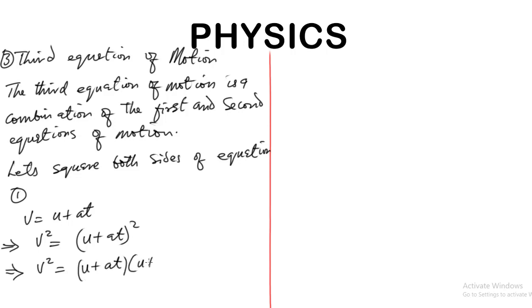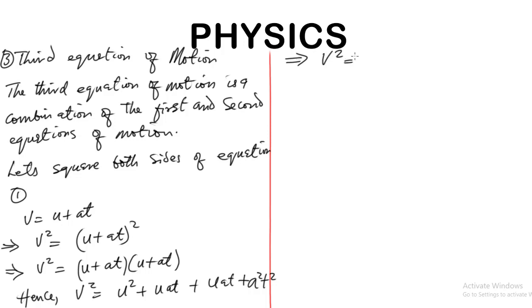If we expand the bracket, we have that v squared is equal to u plus at bracket u plus at. When we multiply out, we have that v squared is equal to u squared plus uat plus uat plus a squared t squared. Now we add up like terms.